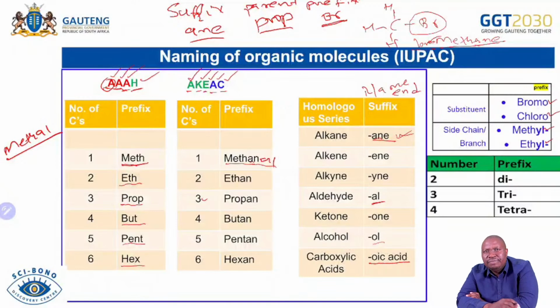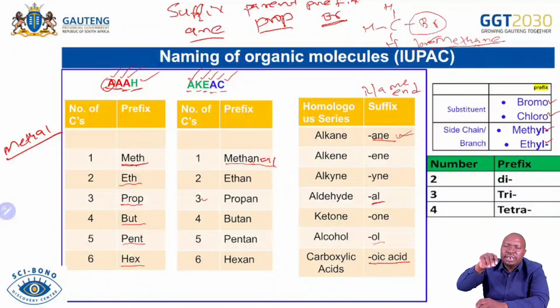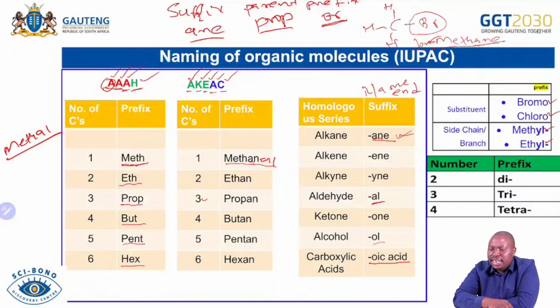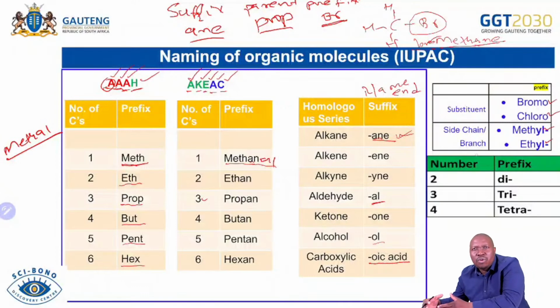So just know that if the structure has a branch or a side chain, you will acknowledge its presence and you will indicate in which carbon we find methyl or ethyl, in which carbon we find the bromo or chloro. So this substituent, side chain or branch, we always number them. You always indicate the number where we find them.